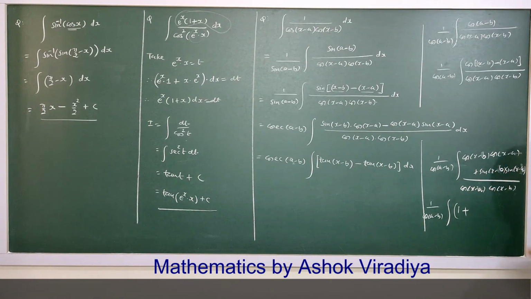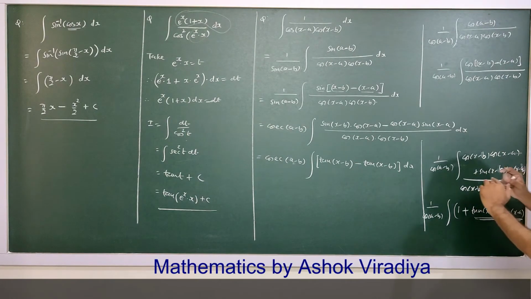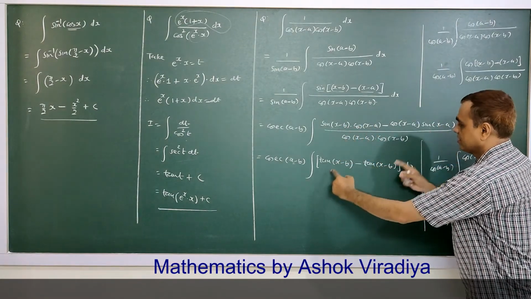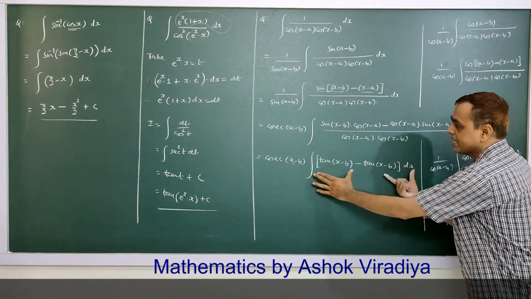This number upon this number is tan of x minus b into tan of x minus a, and the problem is in integrating this term. This happens because when you divide the second term by the denominator, nothing is cancelled. So every time one term should be cancelled, then you will have an integrable form.